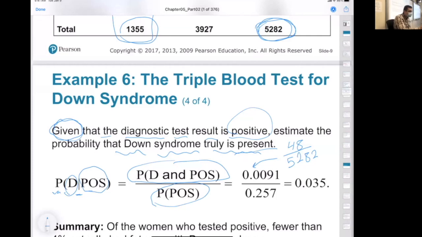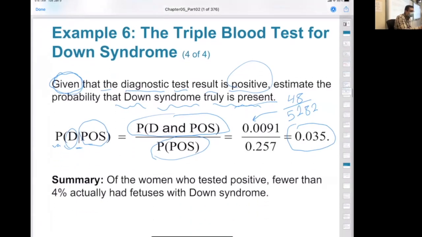Okay, so you will find what? The conditional probability here is 3.5%. Okay, so this is the probability that Down syndrome truly is present, given that the diagnostic test is positive. Okay, as you can see.